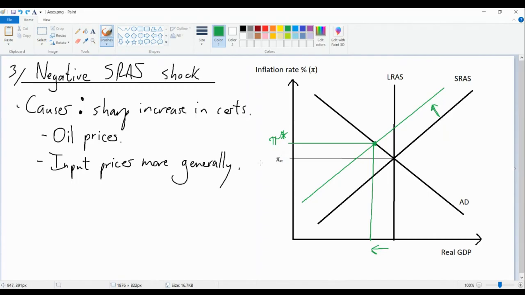The supply shock, at least initially, nothing's happened to expected inflation. So this crossing point, when there is a supply shock, no longer represents expected inflation, at least not initially. So that's initially. The question is, what happens next?